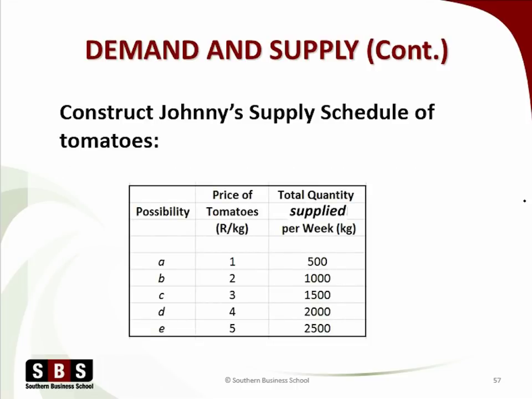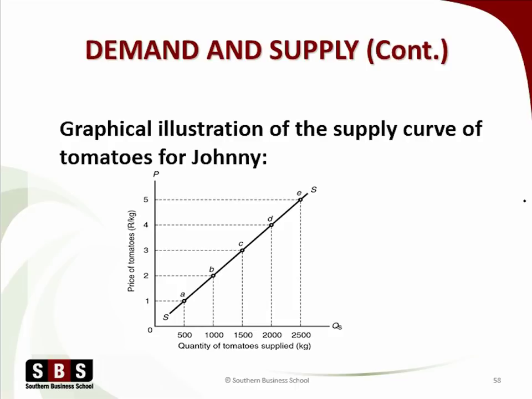And once again, the supply curve is made up from various suppliers of tomatoes. There's a possibility that you can supply. And then the shape of the supply curve, as we said, is from bottom left to top right. And that's typical just because of price and quantity. So if the price rises, then the quantity will rise from 500 to 1,000, and so on.